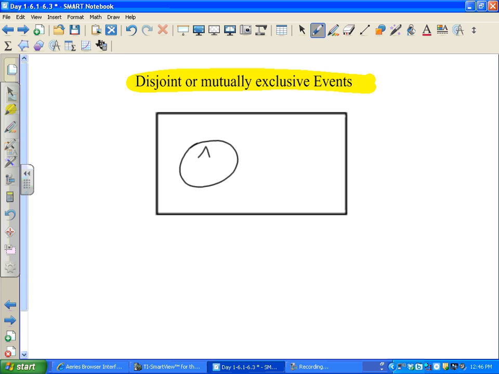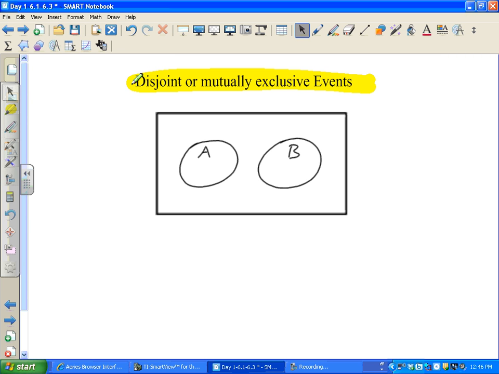So an example of disjoint or mutually exclusive events would be people over the age of 80 in event A and people younger than 3 in event B. There's not a single individual that's going to be both over 80 and under age 3 at the same time.